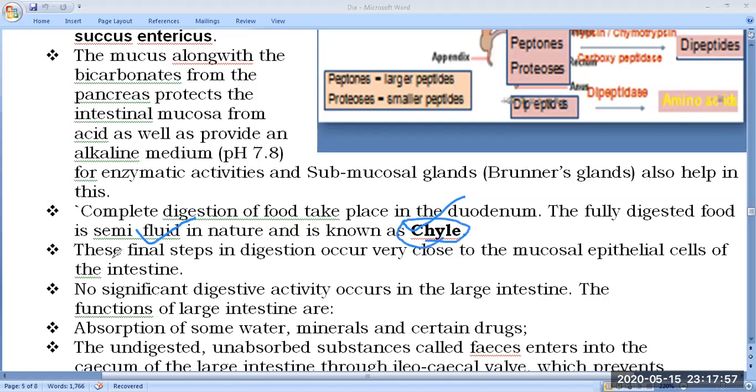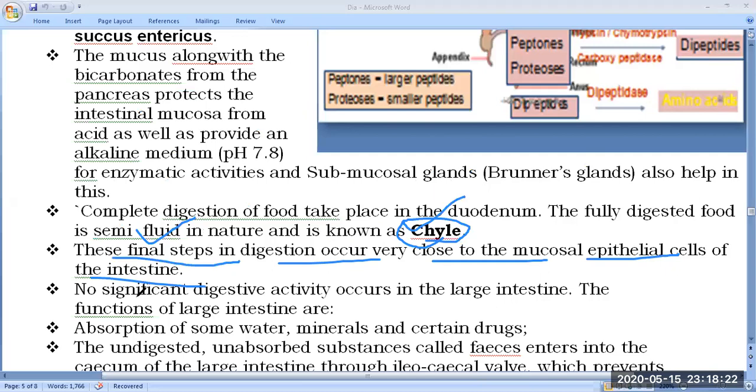These final steps of digestion occur very close to the mucosal epithelial cells of the intestine.